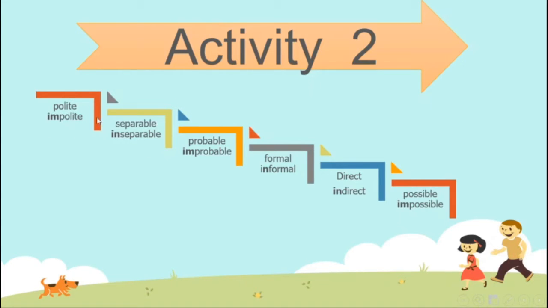Here are such words that we can add this negative prefix in or im to give the opposite of the words. Now you can learn more words if you know the right prefix that you can add to the stem of these words.